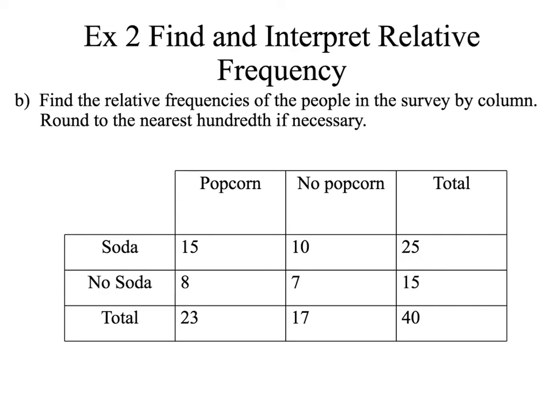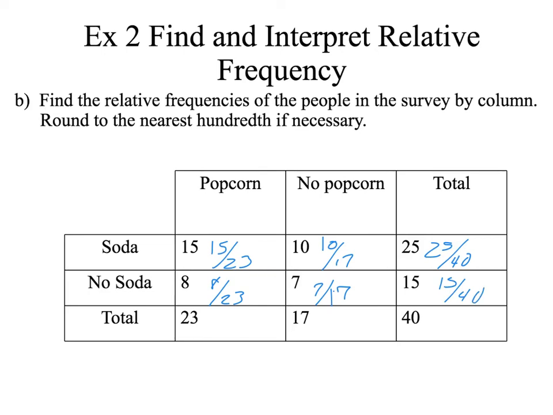Same one now, but this time we're going by columns. So this would be 15 over 23, 8 over 23, 10 over 17, 7 over 17, 25 over 40, and 15 over 40.